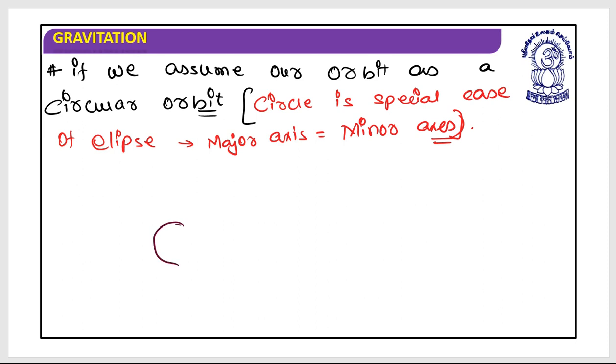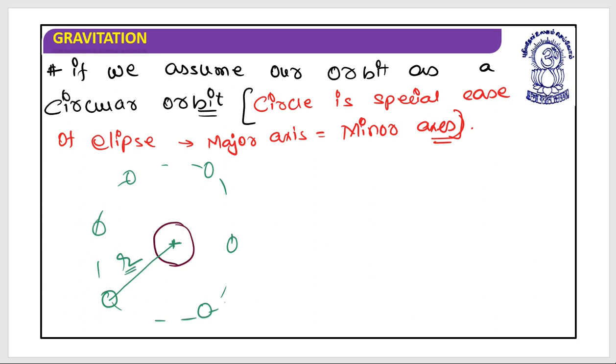this is the central body, let's suppose, and let's say a planet is revolving in this. Let's understand that this is the center of the central body, and this is the location of the orbit. On this orbit your satellite is revolving, let's say at distance r.